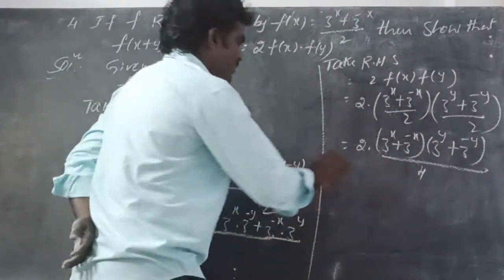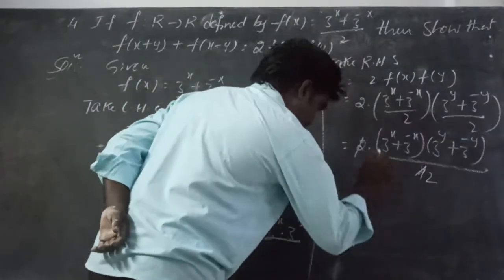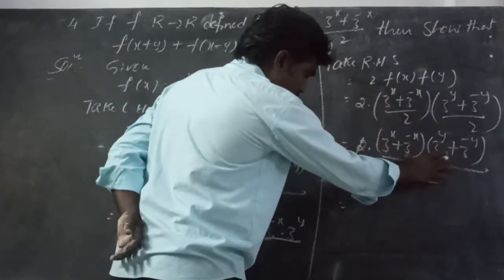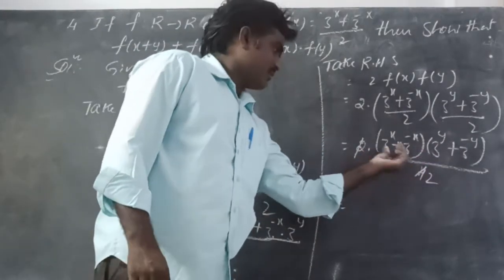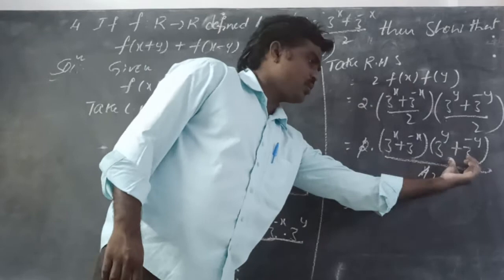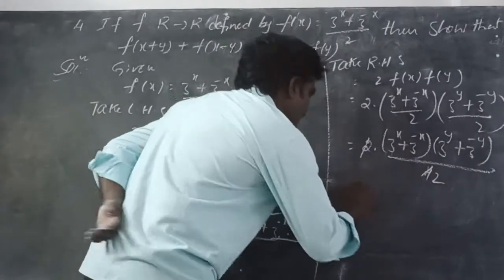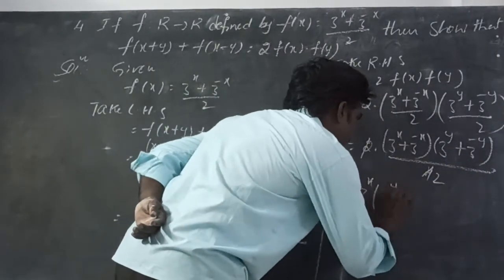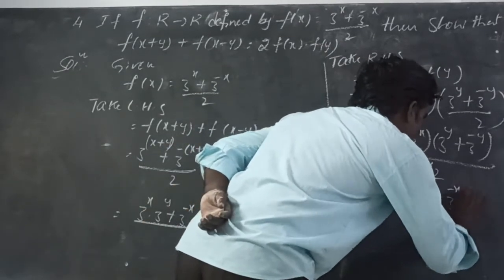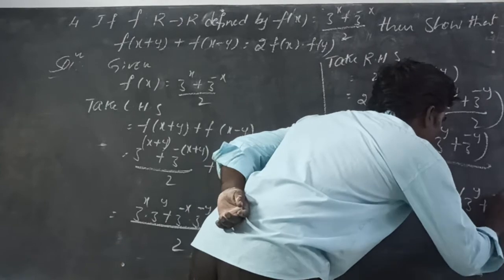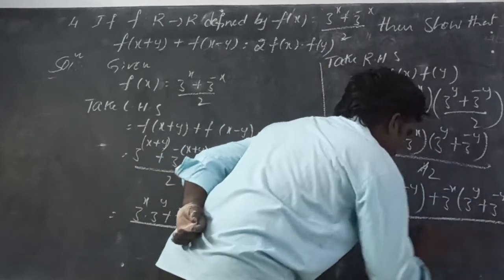Okay, so 2 ones are 2, 2 twos are 4. Here these two are multiplied. How are they multiplied? Here the two terms are multiplied with this total. So that is 3 power x of (3 power y plus 3 power minus y) plus 3 power minus x of (3 power y plus 3 power minus y) by 2.